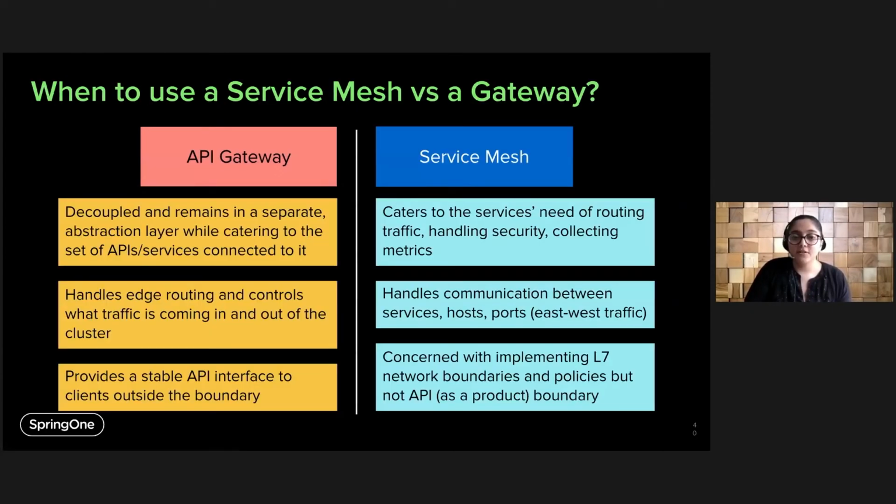So getting back to our original question, when to use a gateway versus when to use a service mesh. The value of a service mesh really lies in the communication between services, whereas an API gateway really shines in the communication between external clients and users and underlying services. Therefore, an API gateway is really needed for efficient external to internal communication.